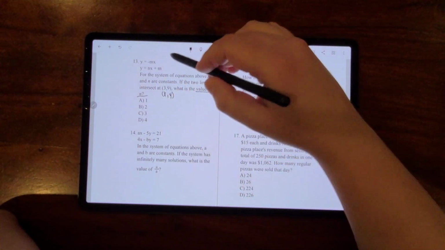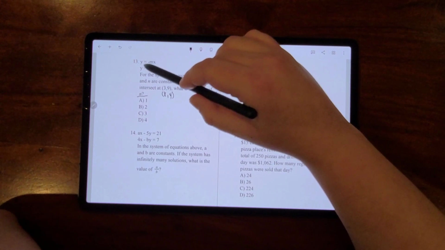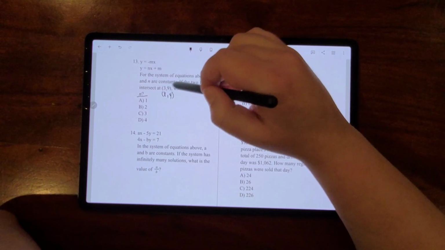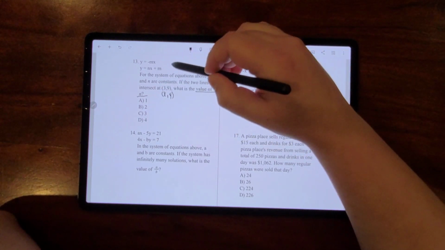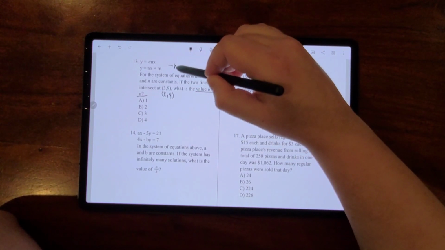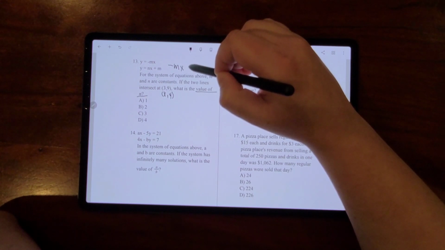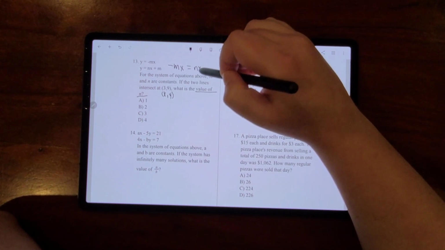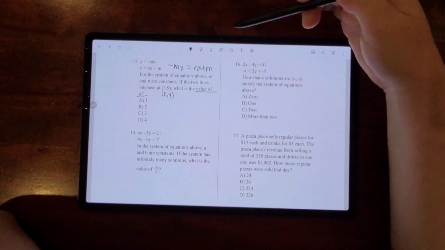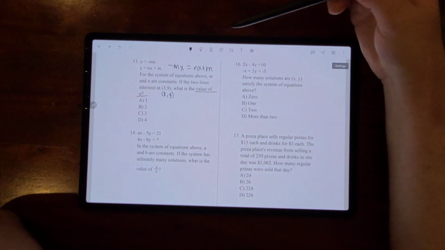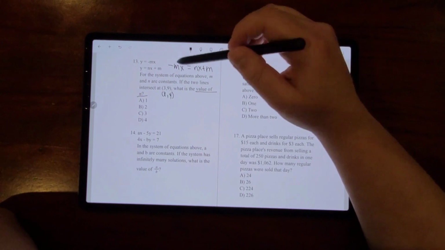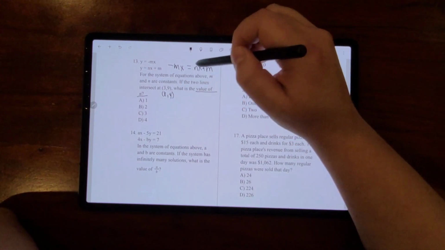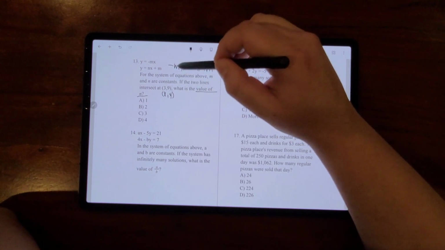So we could say, okay, the y's are going to be equal when we are at the solution or the point of intersection for the system of equations. So I'm going to set the equations equal to each other. Negative mx is equal to nx plus m, is what that says. And then I'm going to plug in 3 for x, sorry, my eyesight is not great.